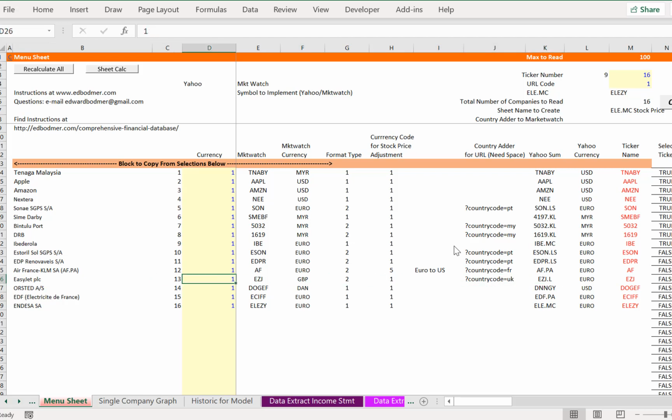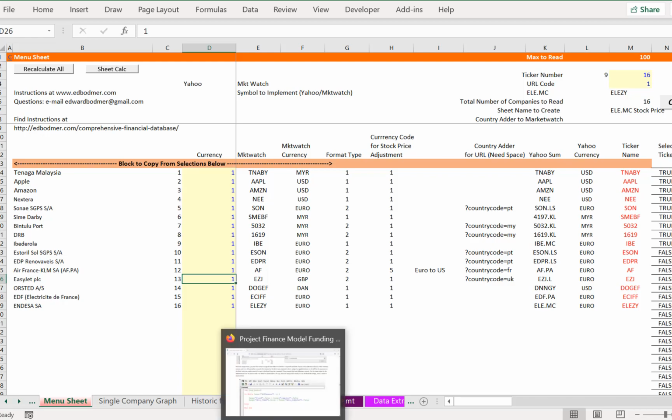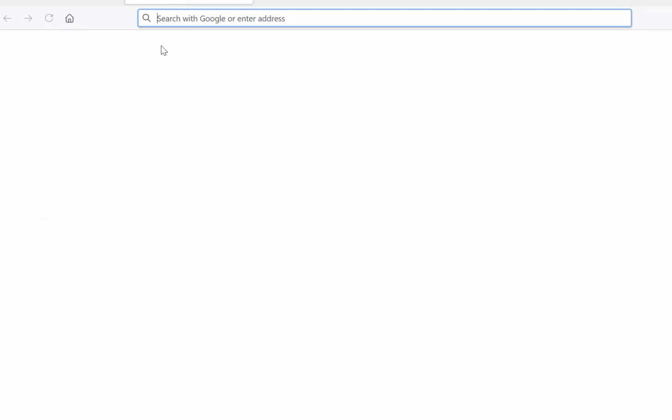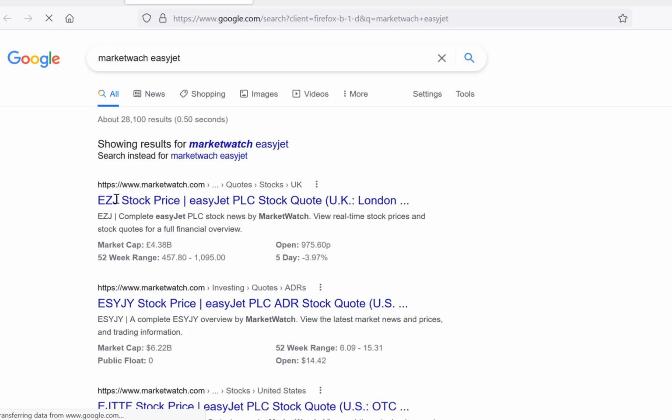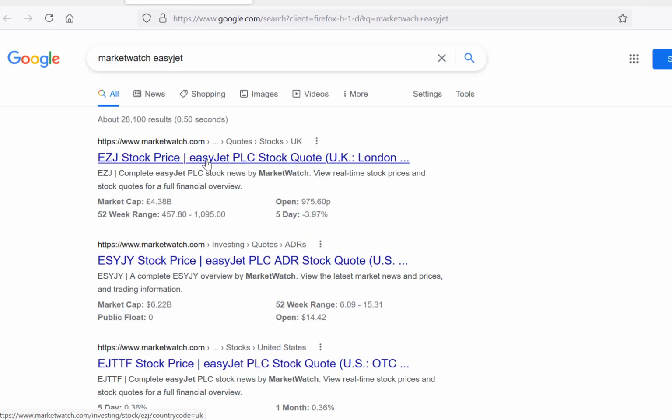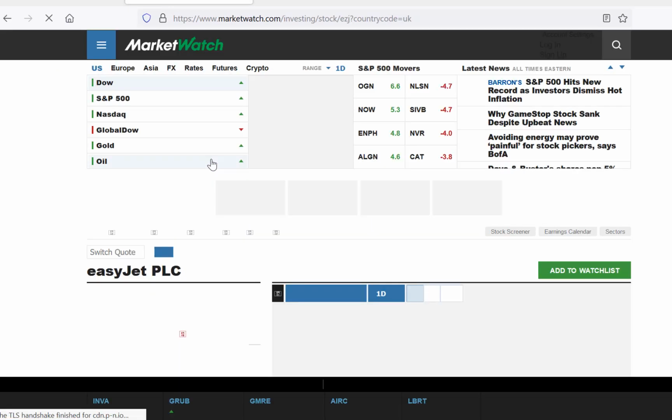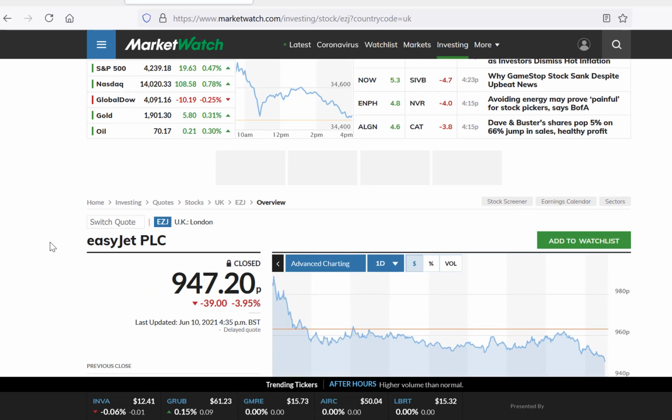And if you go to two different websites, okay, one is Market Watch. So you know how to do that, but I'll put EasyJet. Okay, and then, oops, I didn't spell it right. Okay, and then when you do that, you get this stuff.